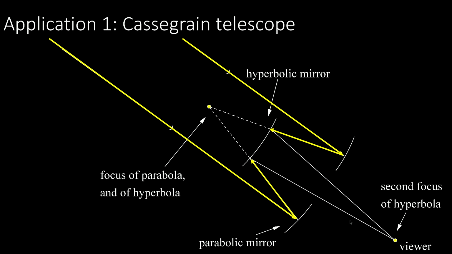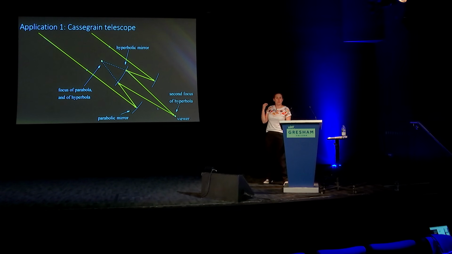So what you do is set things up so that the focus of the parabola is also one focus of the hyperbola. So when that light hits the hyperbolic mirror, it bounces off it towards the second focus, and that's where the viewer is. And this makes for a much more compact design. So it's useful for telescopes that you might be moving around, and you also do sometimes see it in satellite dishes. So it combines, this is great, 2 conic sections instead of 1. So obviously it's my favourite kind of telescope.